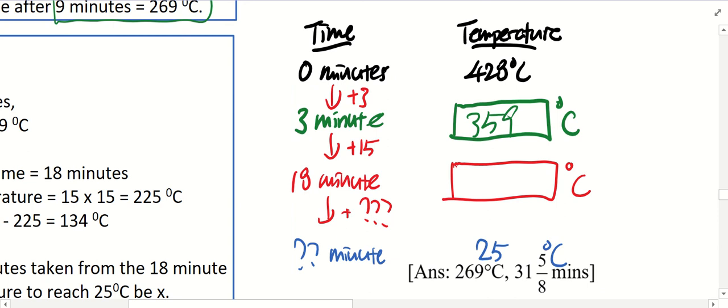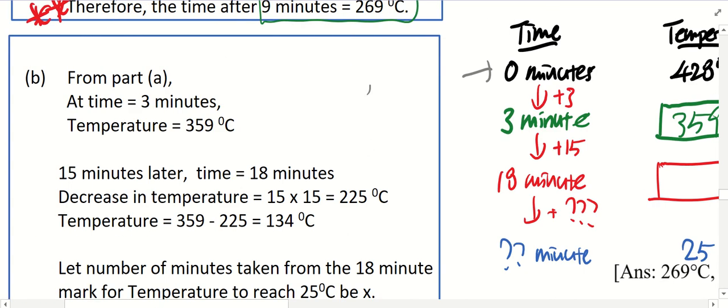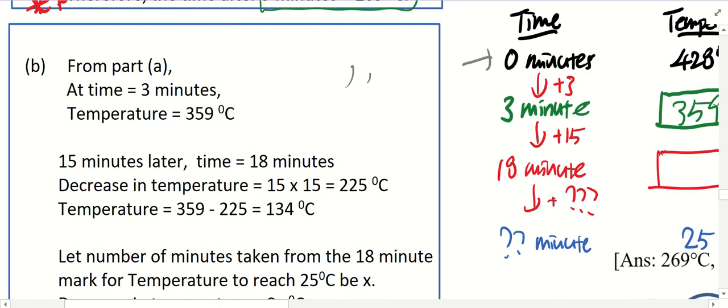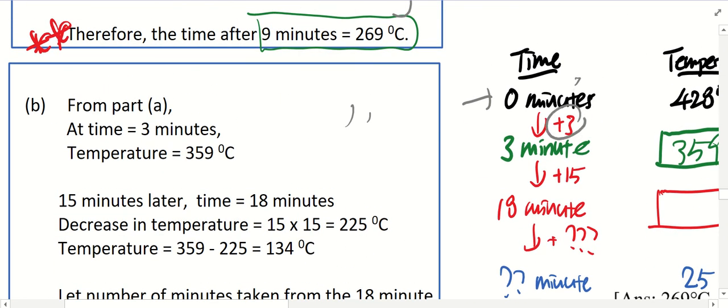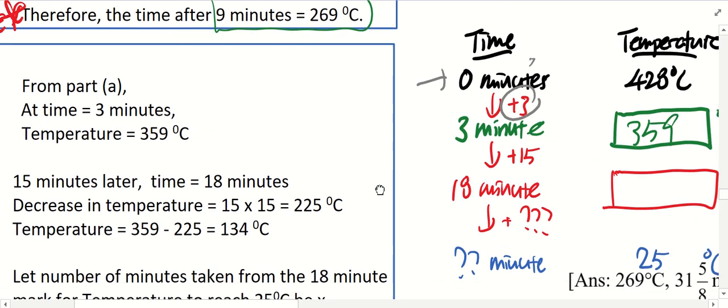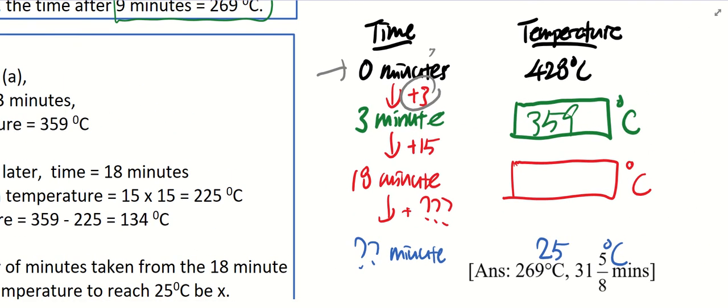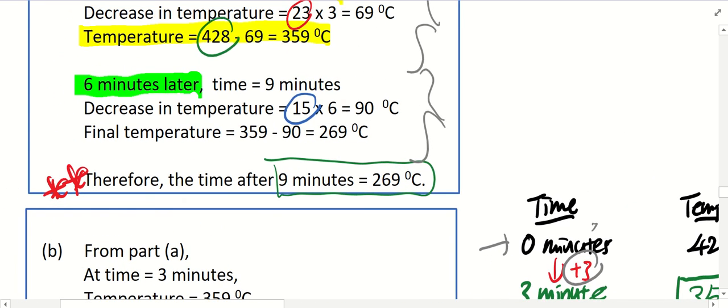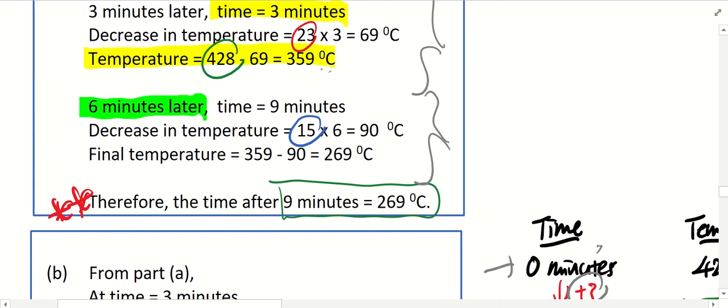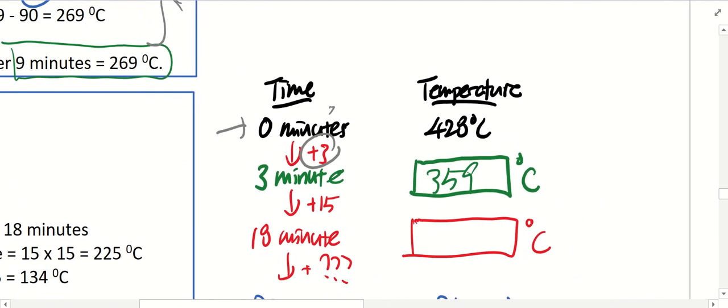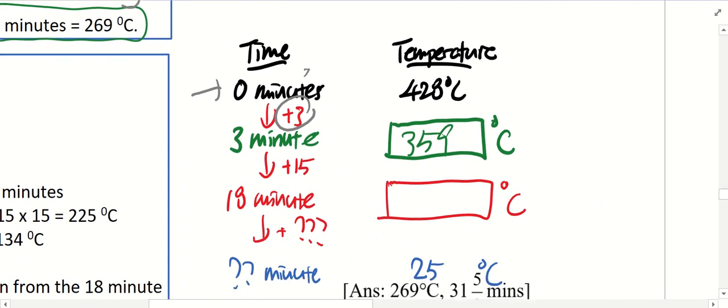At time 0 minutes, we know it's 428. 3 minutes later, at the time of 3 minutes, we have calculated in the previous part, it is 359 degrees Celsius.